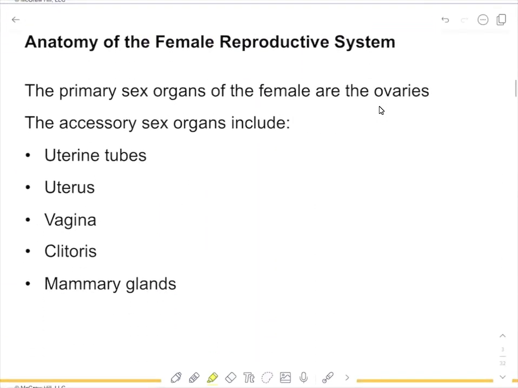For the female reproductive system, the anatomy includes first the primary sex organs, which are the gonads called the ovaries.